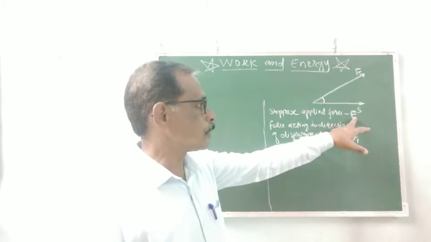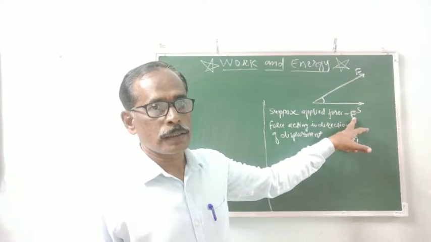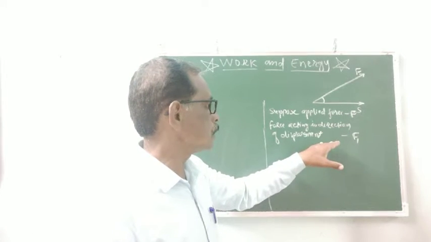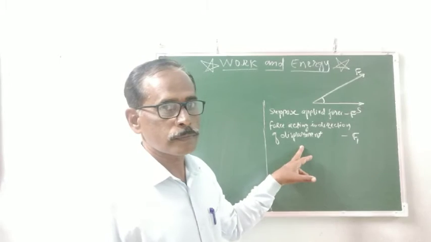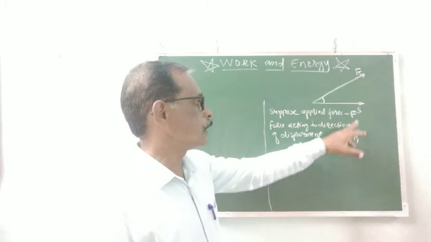F1 is a component of F. It means that F1 is the force acting in the direction of the displacement. So we say that F1 is a component of F.